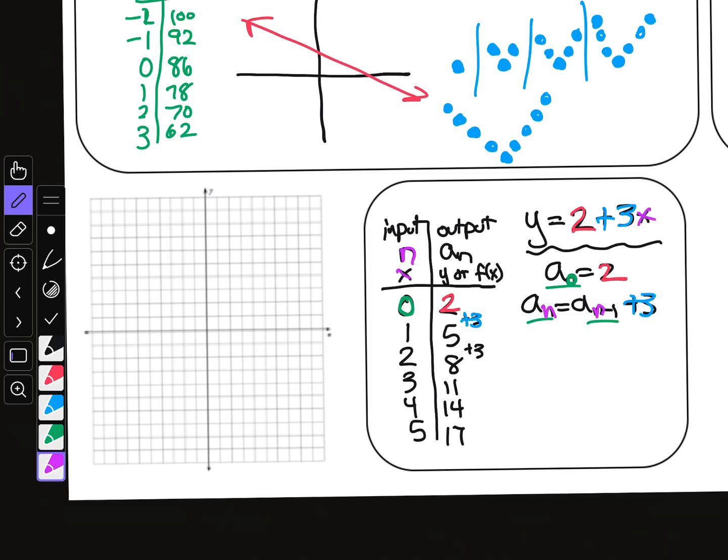Could even do the x's here and the y's. Okay, but if we were to graph this table, if we were to graph this equation, it looks something like this, right? Zero, 2, graph right here, 1, 5, 2, 8, 3, 11, and so on. Okay, and our graph would keep going up in that straight line.